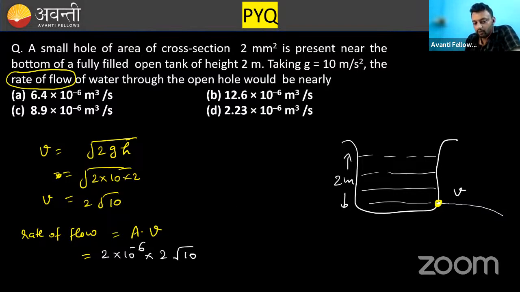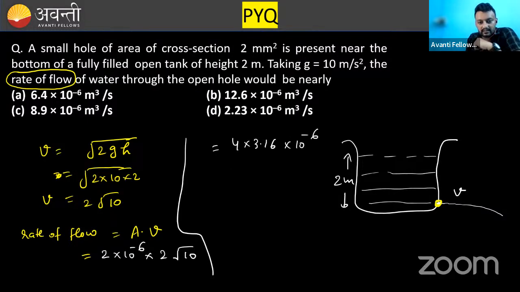So I will say root 10 is something more than 3. 3.16. Ayushi is saying root 10 is 3.16. So if I place the values here, it will become 4 into root 10, which is 3.16, into 10 raised to the power minus 6.